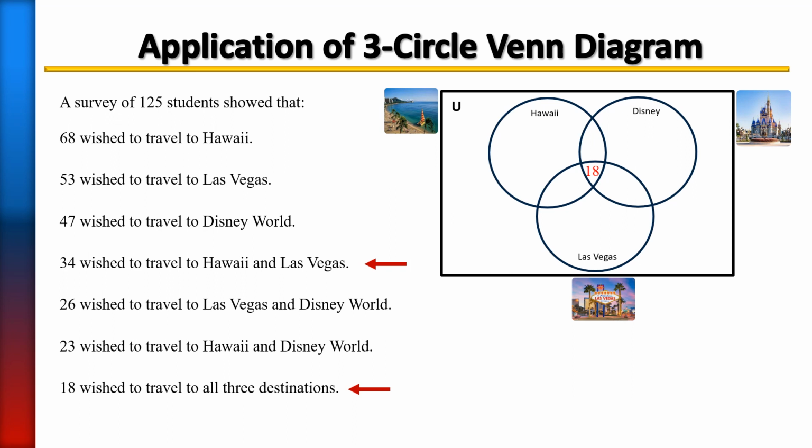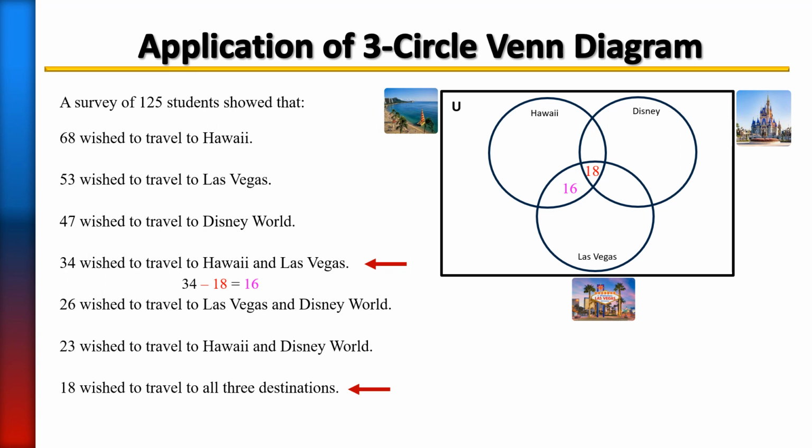So we'll start with Hawaii and Las Vegas. There were 34 who wished to travel there. Remember, there are 18 already there. So we're going to do 34 minus 18, and that gives us 16. So then we're going to place 16 in that overlapping region of Hawaii and Las Vegas.